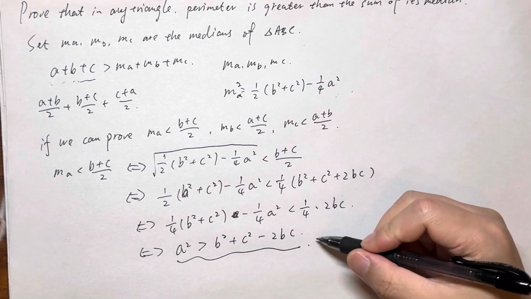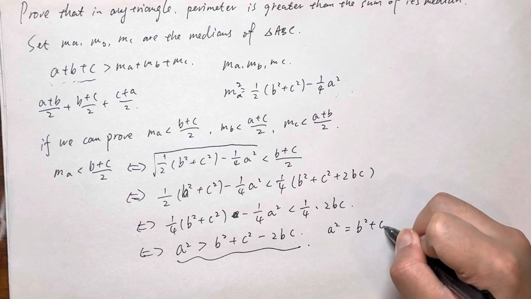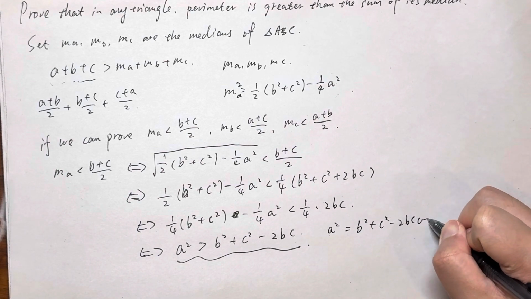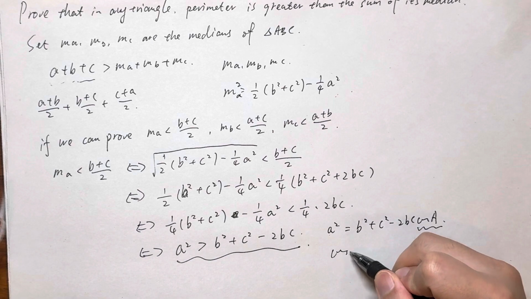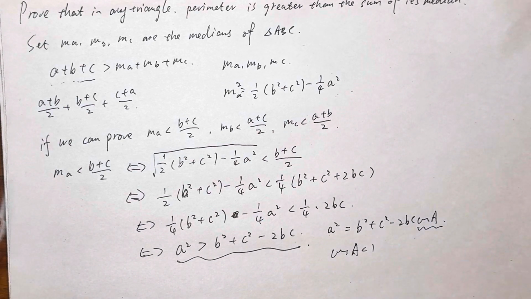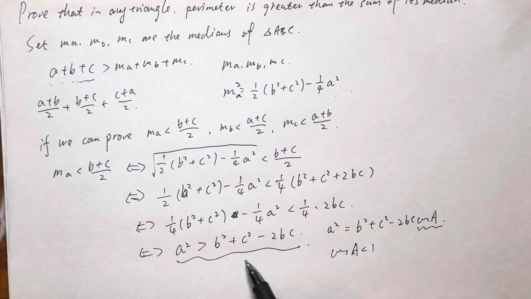This is very straightforward, right? Because a squared equals b squared plus c squared minus 2bc cosine A. And we know that cosine A is less than 1 in a triangle, which means a squared is always larger than this one, right?